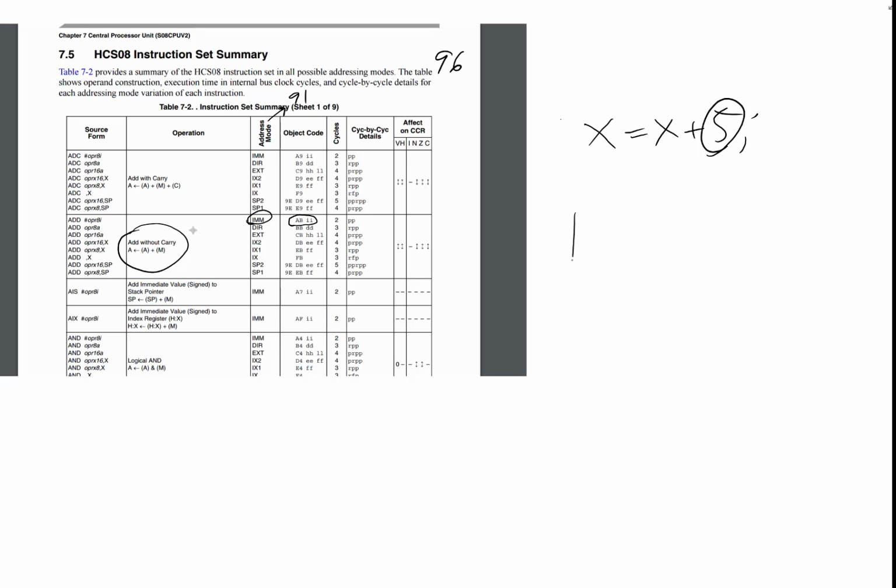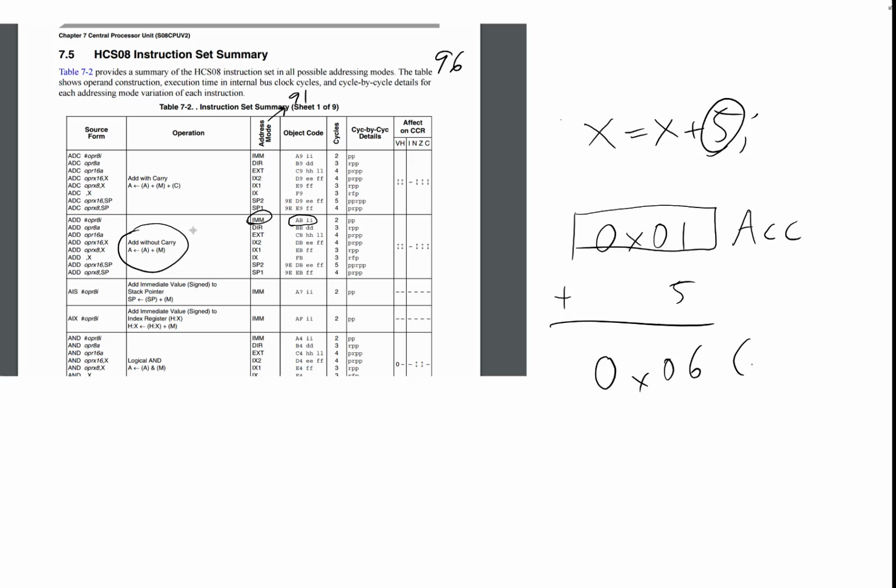Now, in general, since addition is a math operation, we're talking about doing something to the accumulator. So this isn't quite x = x + 5. It's the value in the accumulator equals the value in the accumulator plus 5. So something like this: 0x01 + 5 = 0x06, and then that's back in the accumulator.